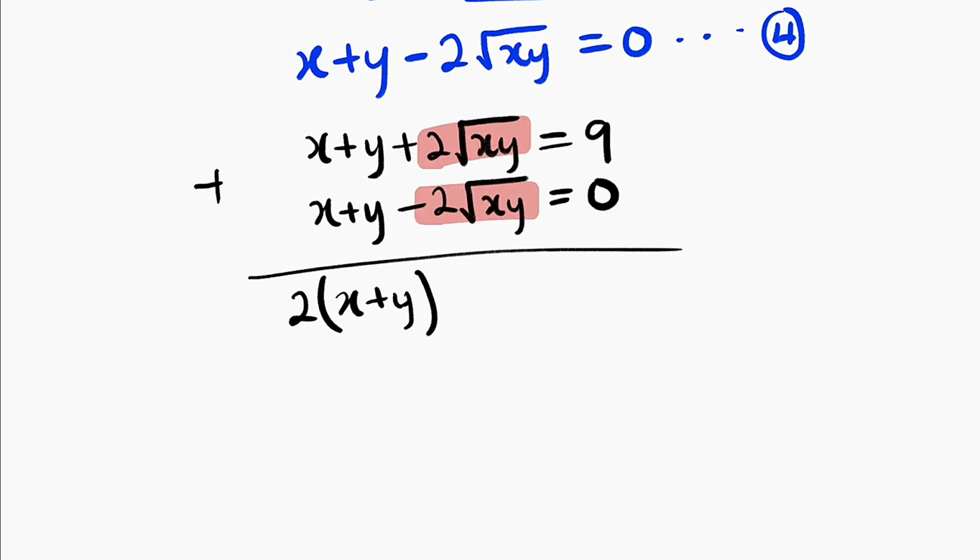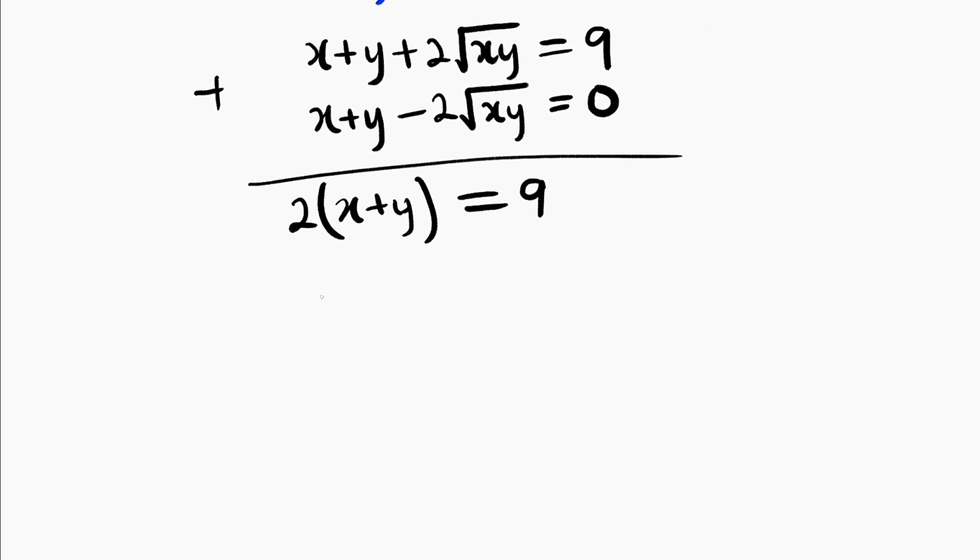And if you add this to this, you get 0. Therefore, to the right hand side, we have 9 plus 0, which is the same thing as 9. Now let us divide both sides by 2. Therefore, x plus y is equal to 9 divided by 2. Let me call this one equation 5.